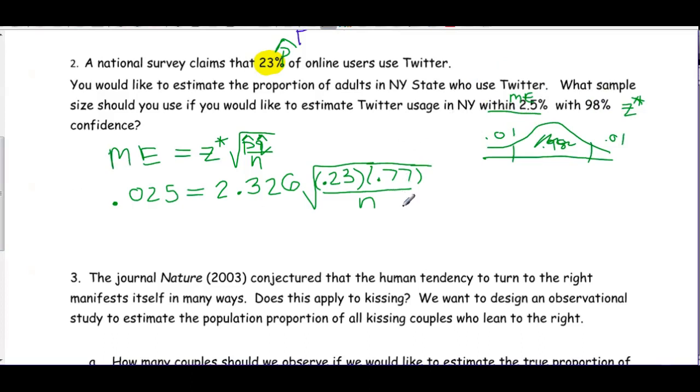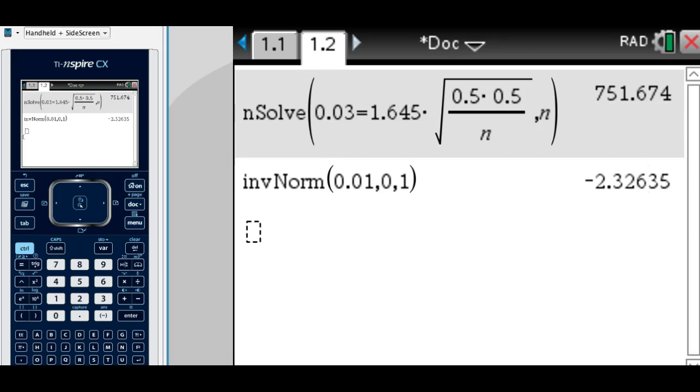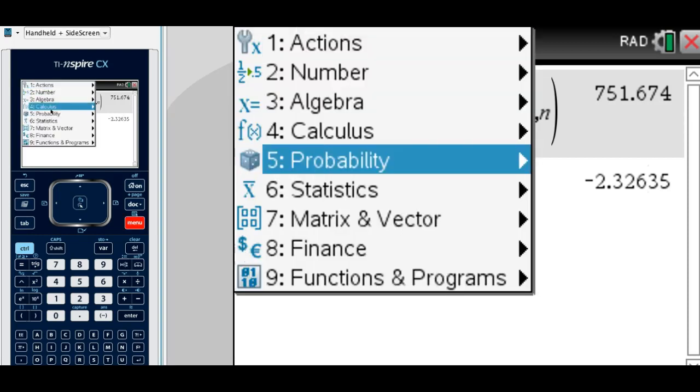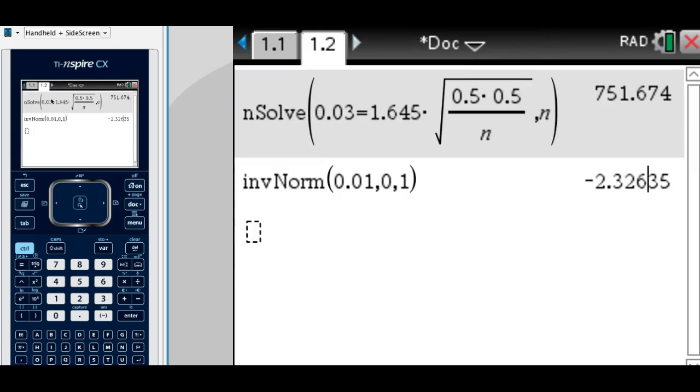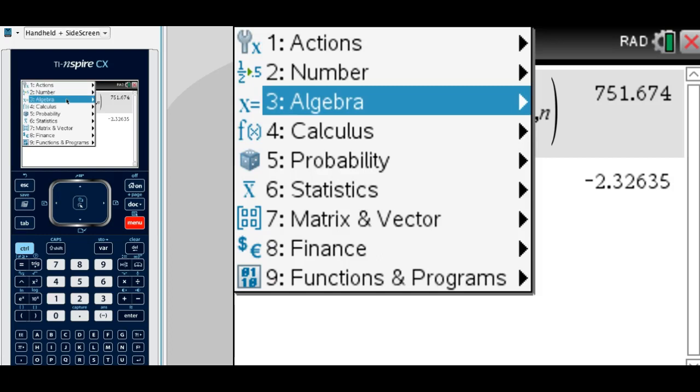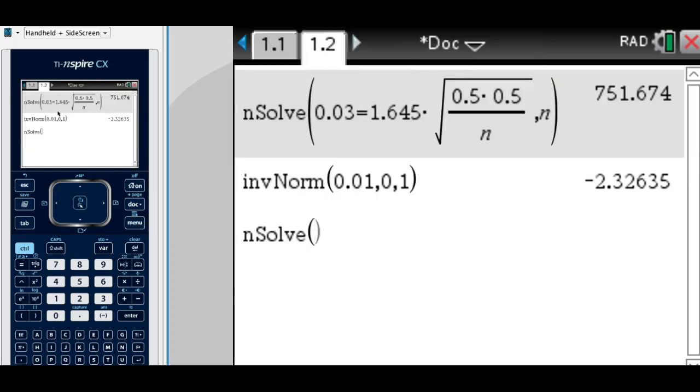So here again, for this one, we're going to toss it right into our calculator, and you're going to use the solving skill. So you're going to go menu, algebra, yours says solve. There we go.